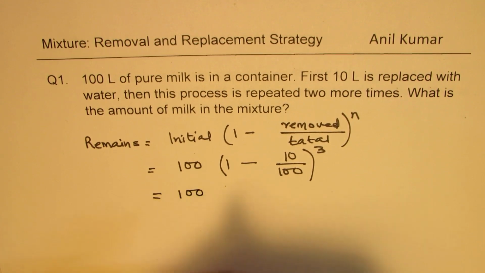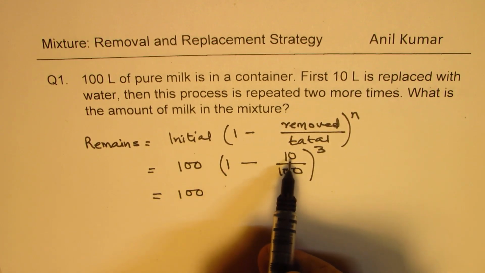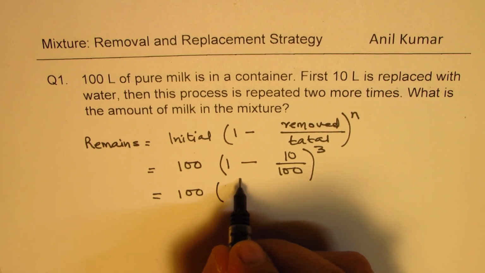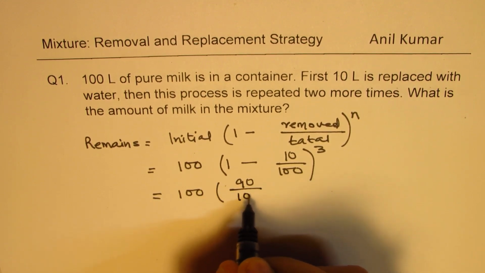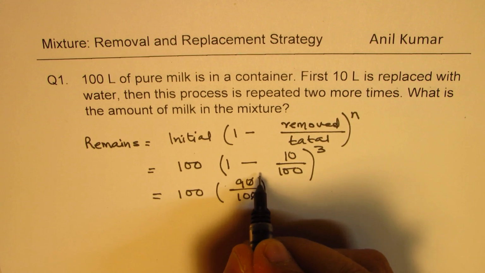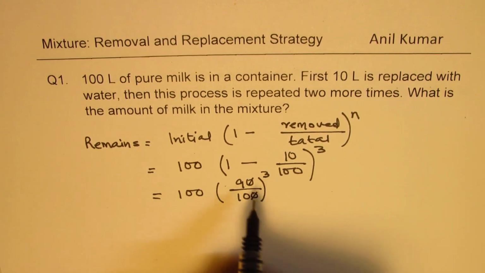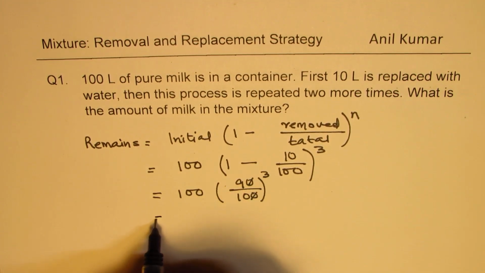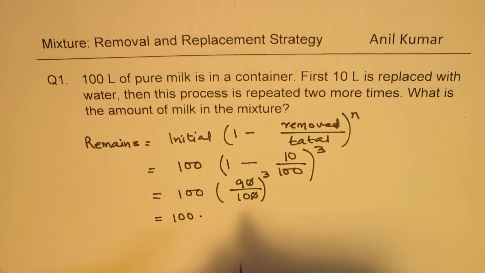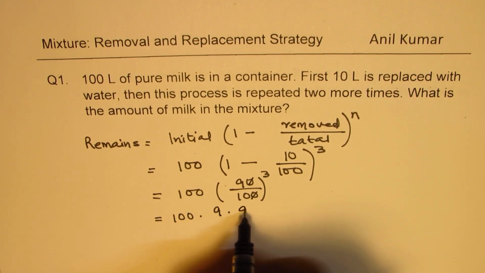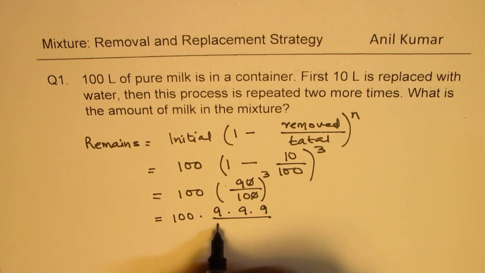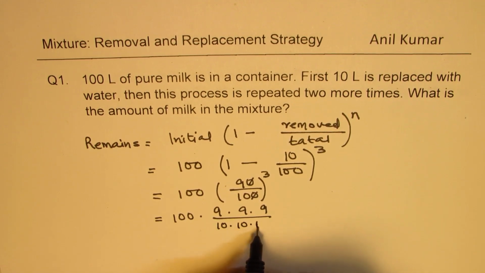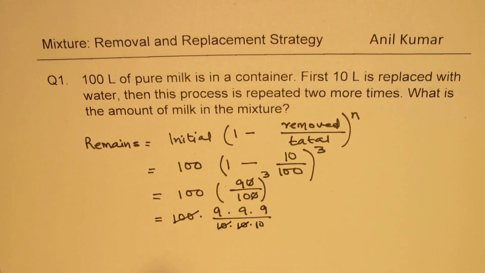So what we get here is 100 times. When you take 100 minus 10, it becomes 90, so we get 90 over 100, which is 9 over 10 cubed. So 100 times 9 times 9 times 9 over 10 times 10 times 10. Those two cancel away and you need to multiply 9 three times. 9 times 9 is 81.